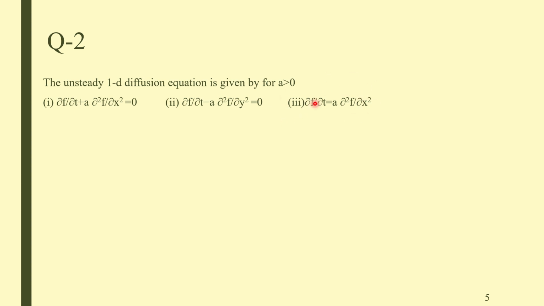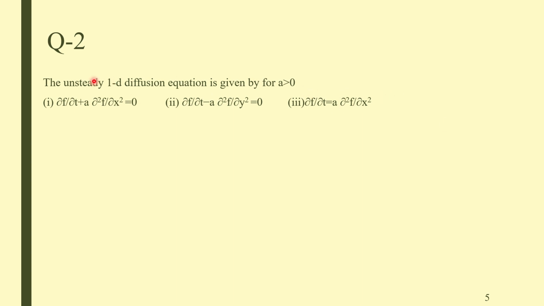If we take this term from the right hand side to the left hand side, it becomes minus a. Since it is absent in the first equation, this is a false equation, and in the second equation it is rightly mentioned as negative: ∂f/∂t − a times ∂²f/∂y². Here it is varying in the y direction, and there in the x direction.